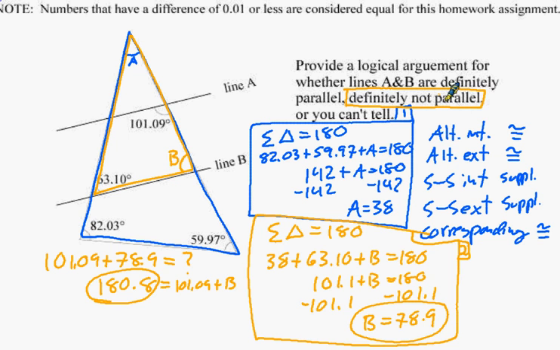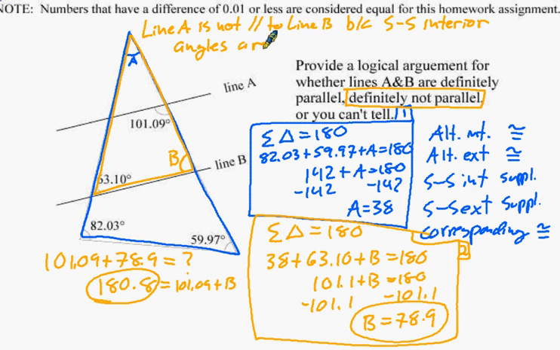Now, I've circled the answer here. You need to actually provide a statement with reasoning. So we could say line A is not parallel to line B because same side interior angles are not supplementary.